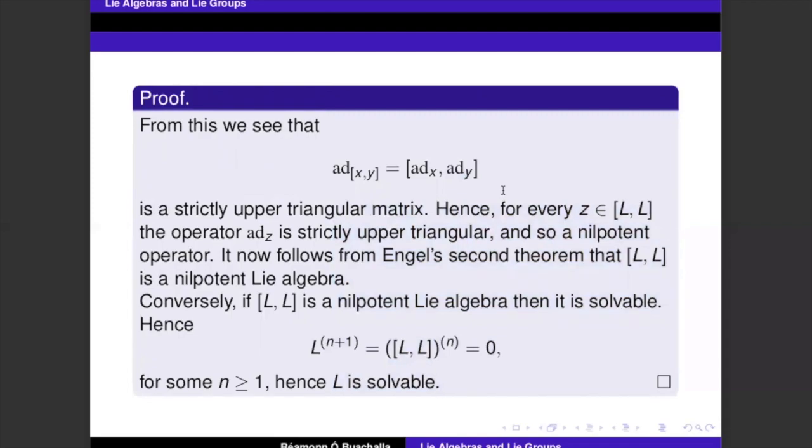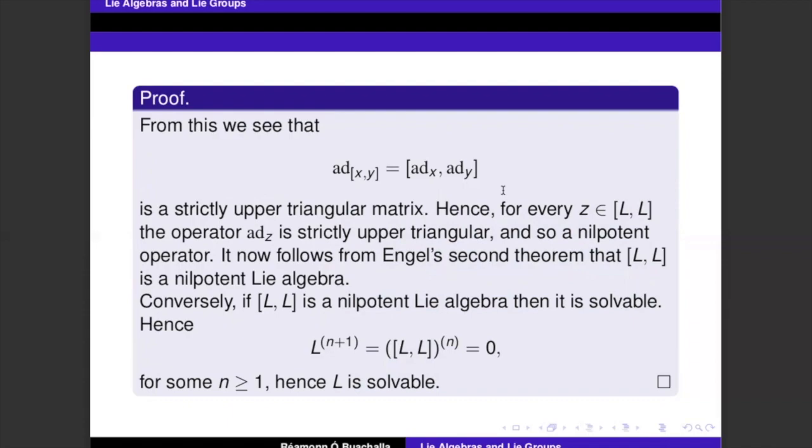Hence, for every z in L, the operator adjoint z is strictly upper triangular, and hence it's a nilpotent operator. But we knew from Engel's theorem that when the adjoint is a nilpotent operator for every element, then that Lie algebra itself is nilpotent. So applying Engel's theorem, we now see that L is nilpotent.